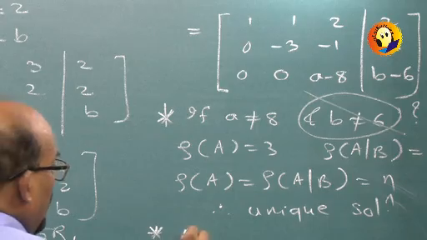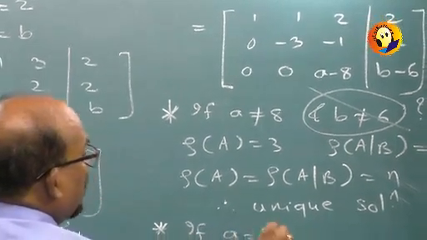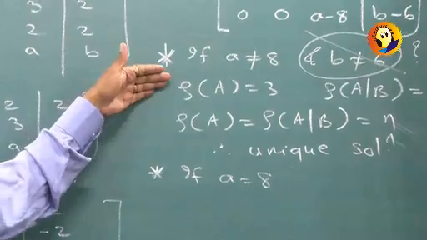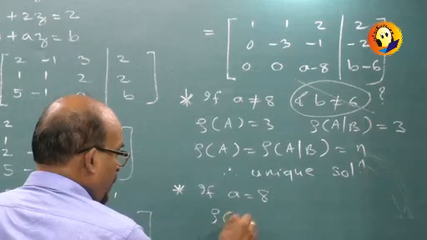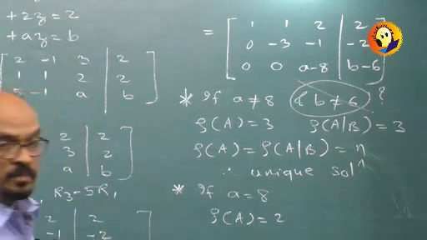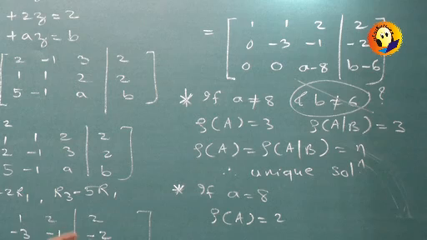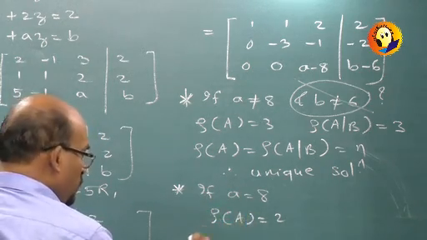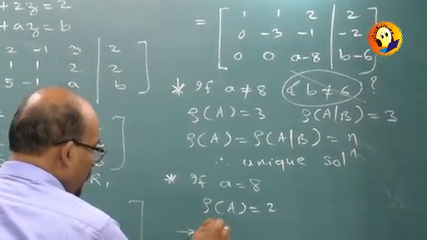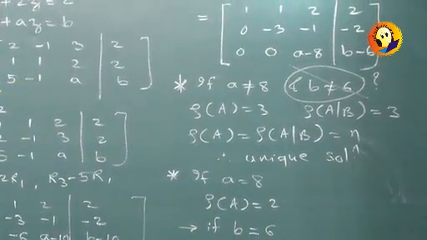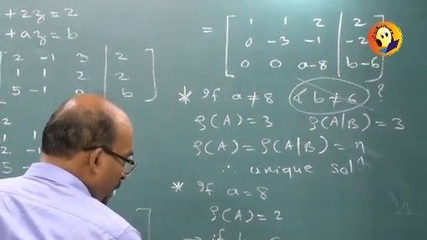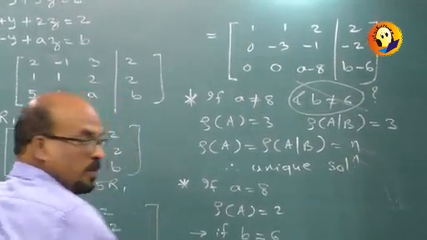Second, if a equal to 8, because not equal to 8 condition is done. So if a is equal to 8, then what will happen? Rank of A will be 2. Now rank of AB will depend on what is the value of b. So there are two situations. Under this case, rank of A is 2. In this, if b is equal to 6, then rank of AB will also be 2.